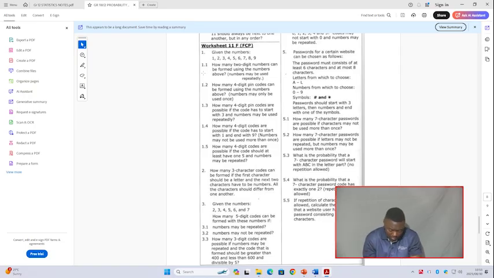People, it's a 4-digit PIN code. The first digit must be a 3. So how many numbers can I put there? 1.